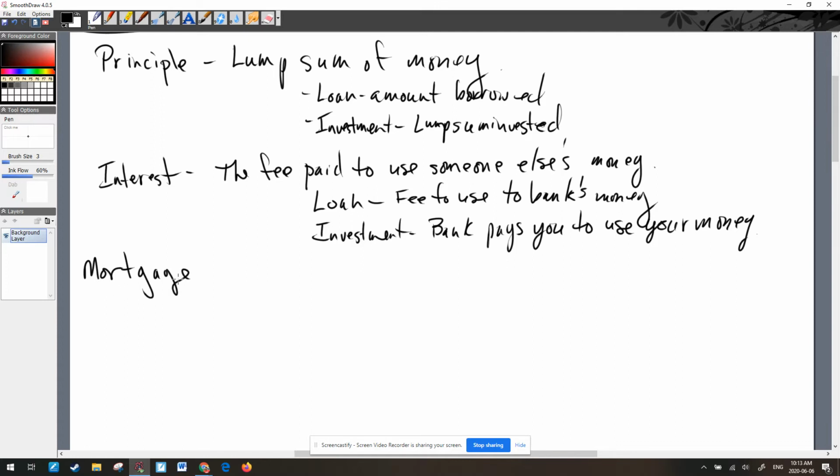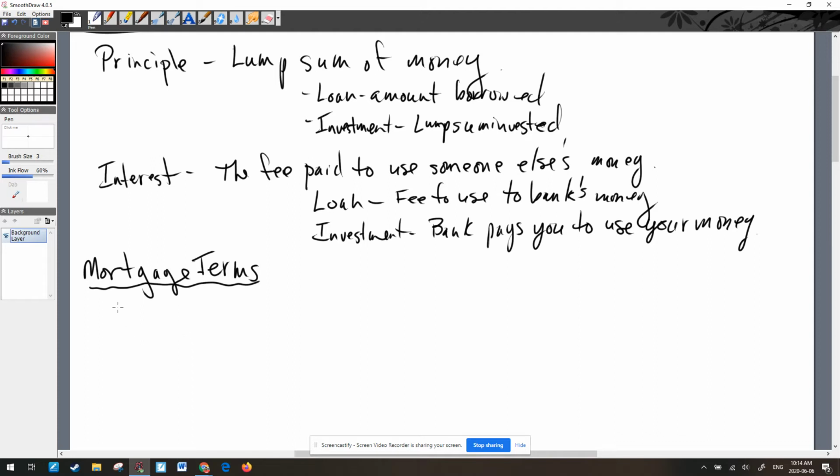Okay, and a mortgage is a loan when you're buying a piece of property, and there are some terms within mortgages. So actually, I'm going to extend this to be mortgage terms, and that's not even a great name for it, but mortgage terms.